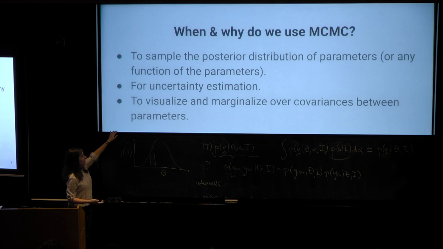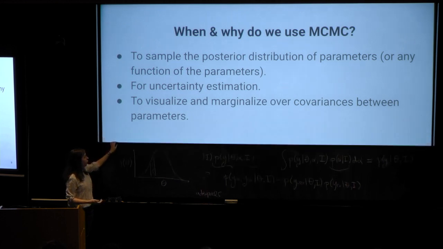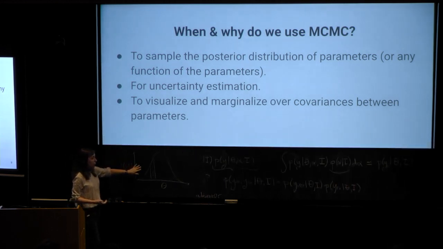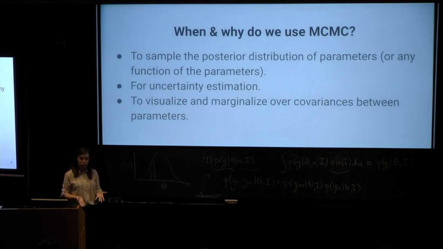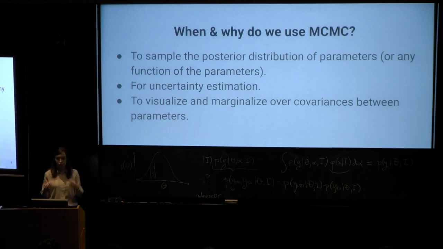Another related thing is you don't only get the posterior distribution of a given parameter, you're also exploring the entire parameter space at once. So when you have a model that has several different parameters that may depend on each other, you can see, if you're exploring parameter space and you change one parameter, what does that do to the likelihood of the other parameters?